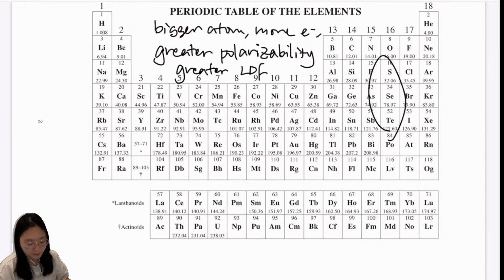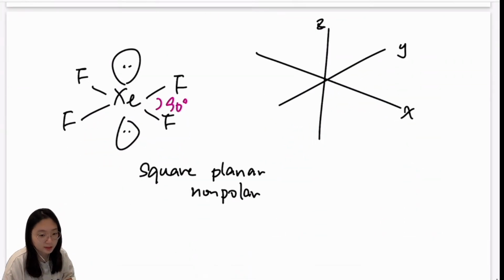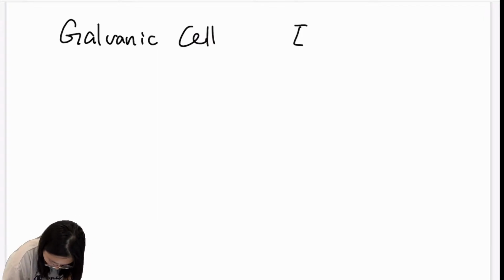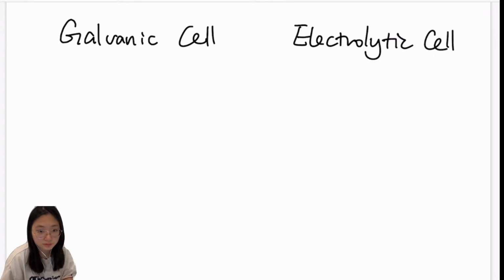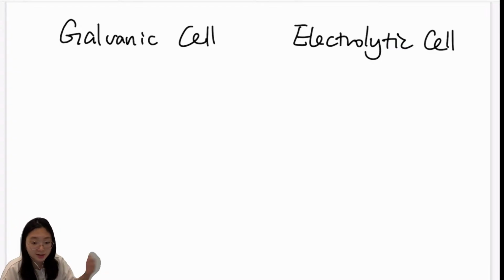Okay, so first off, I will try to go over the galvanic cell and the electrolytic cell, and then the Gibbs free energy and then Faraday's constant. So galvanic cell versus electrolytic cell. The difference between them is that the redox reaction occurs in both of them, but one of them is spontaneous and the other one is non-spontaneous, which means if I want the redox reaction to occur, then I need extra energy, like a battery source.